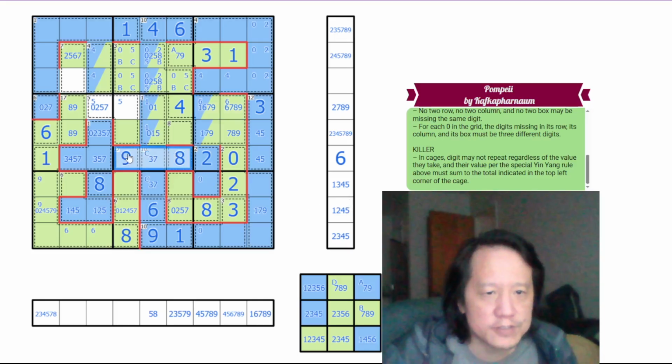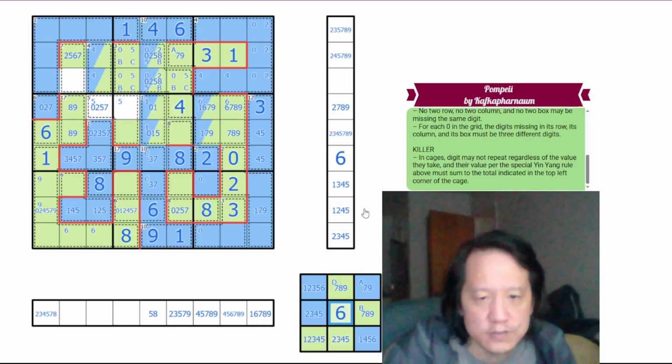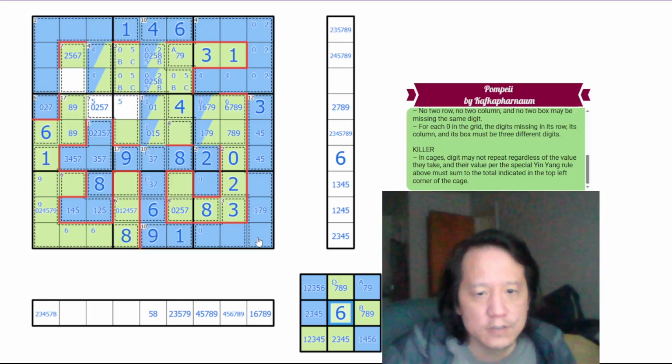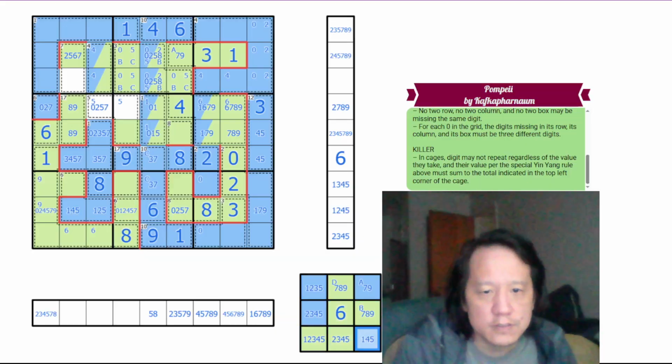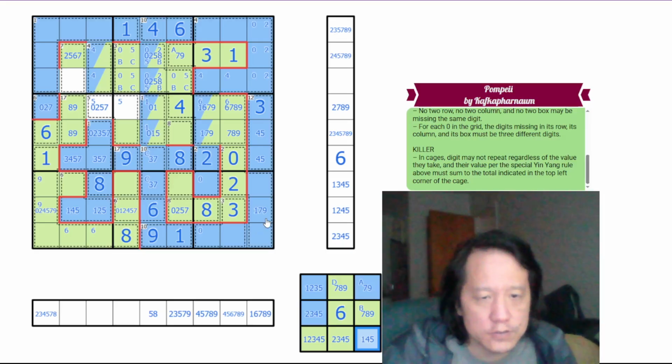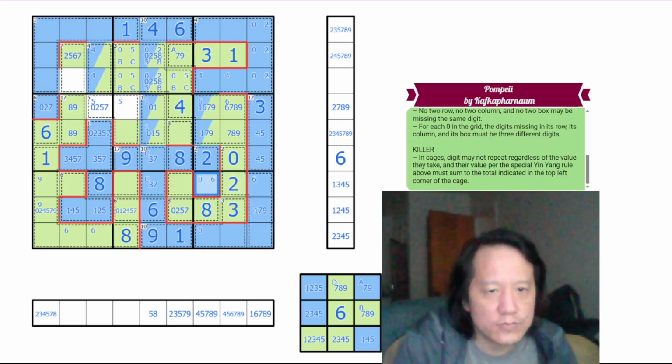So we don't have a 6 here, we don't have a 6 here, we don't have a 6 here in box 5, so in box 5, we are missing a 6. Which means we cannot have 6s missing in the rest of the boxes. So we have to have a 6 somewhere here. So the 6 in box 9 has to be one of these two.